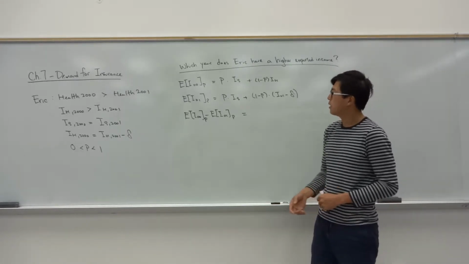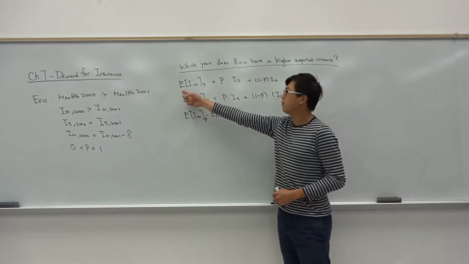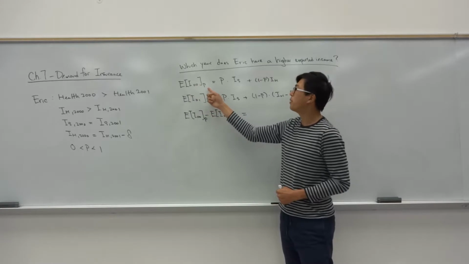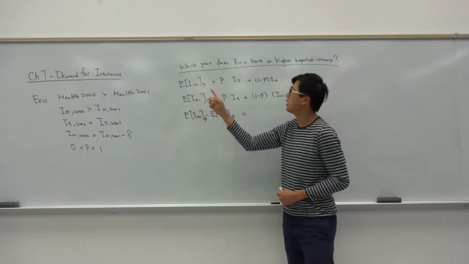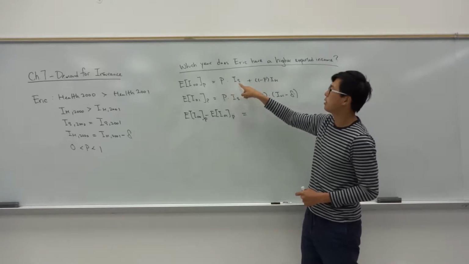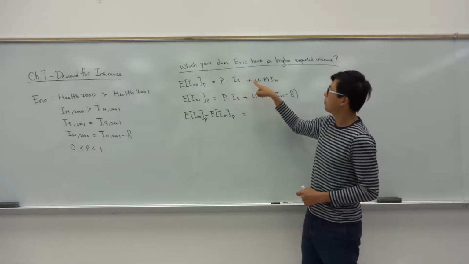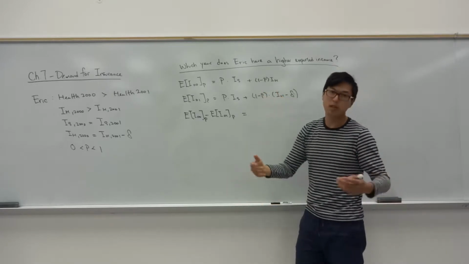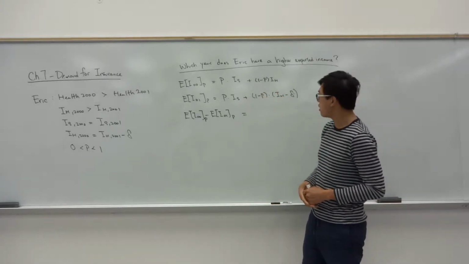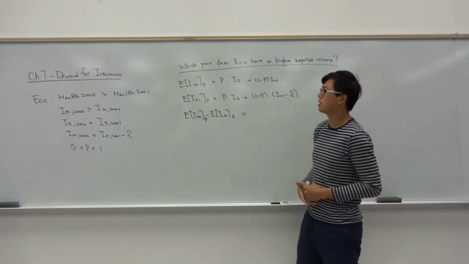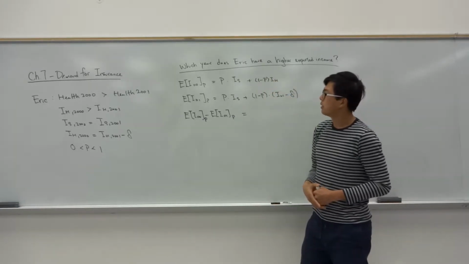The expected income for the year 2000, given the probability P of getting sick, is equal to P times the sick income plus 1 minus P, the leftover probability of staying healthy, times the healthy income in the year 2000.